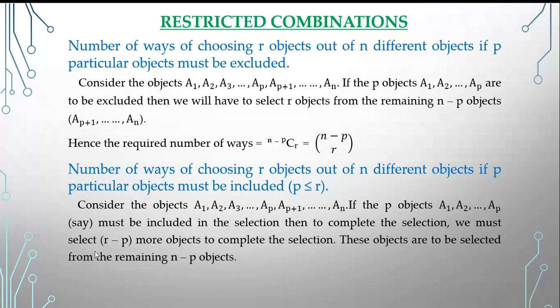That means we subtract those p objects that are already included in our r objects, and our total objects are n minus p. So our combination is (n minus p)C(r minus p), and we can also represent it like that.